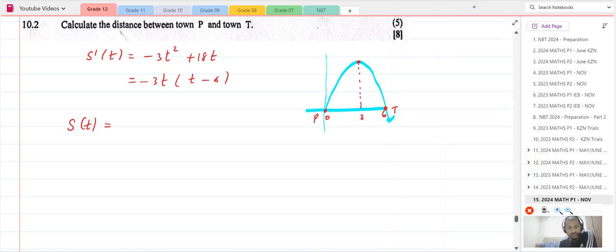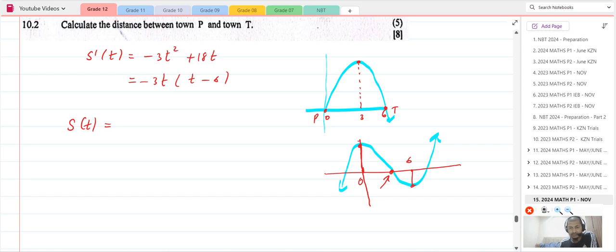Right, so let's see. S of t, I'm trying to recover the original function, the cubic function. Remember, the cubic function is something like this. The turning points are occurring at 0 and at 6. I have a turning point at 0, and a point of inflection at 3.